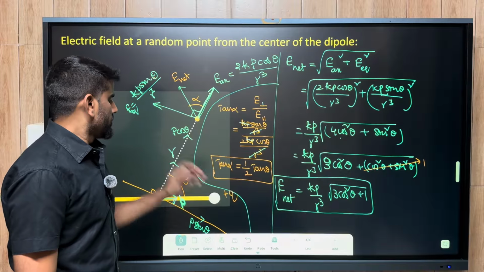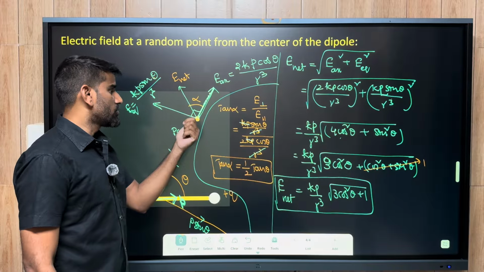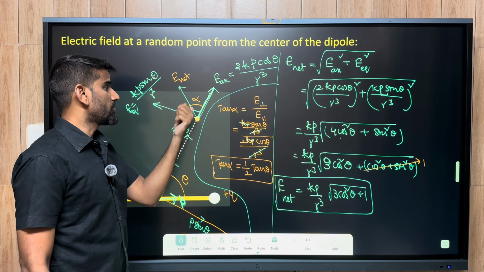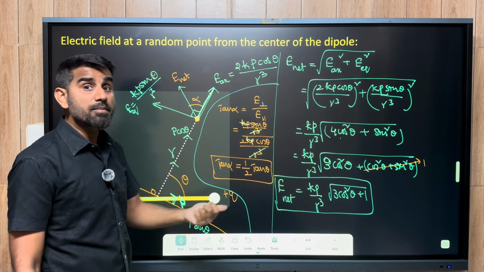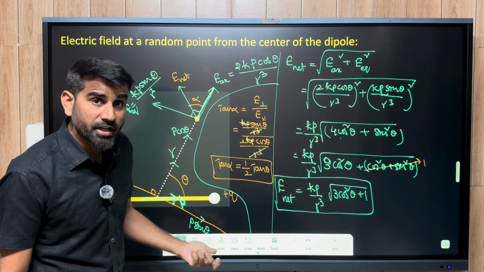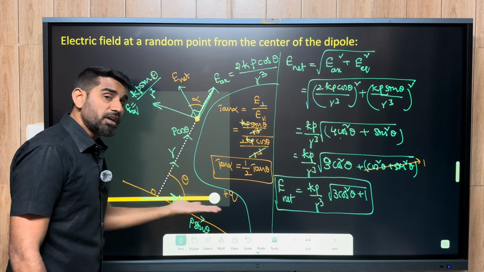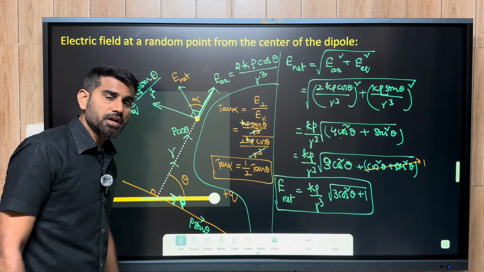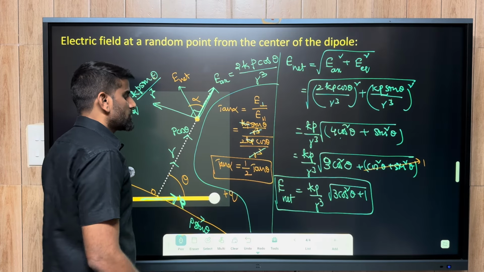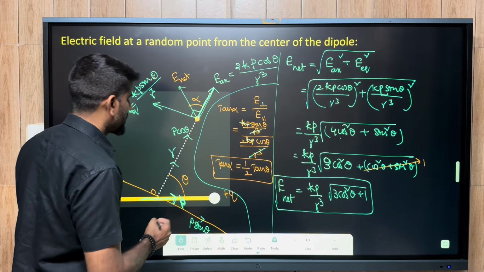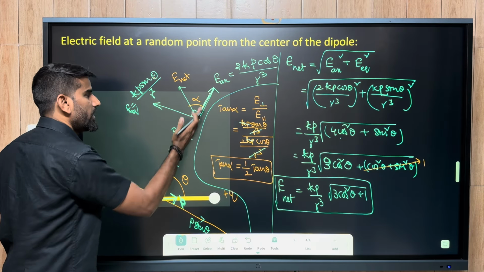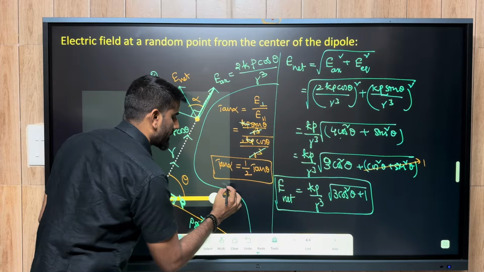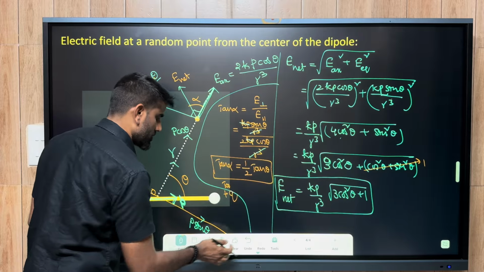So you will not be asked to find the direction of the net electric field from the axial line. You may be asked to find the net electric field direction from the dipole moment. From the dipole. In such a case, what is the angle? This theta and we have alpha. Total angle.